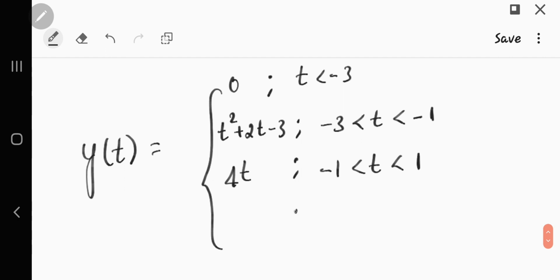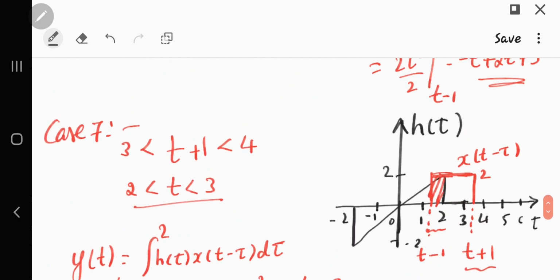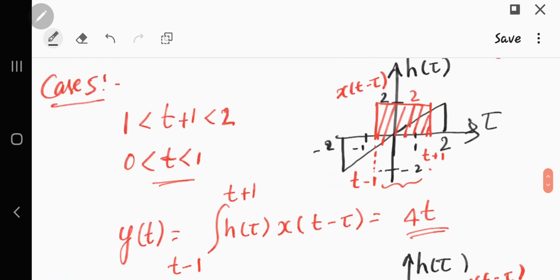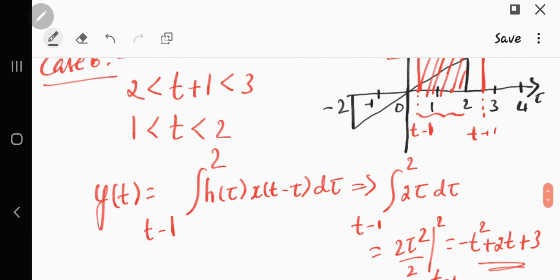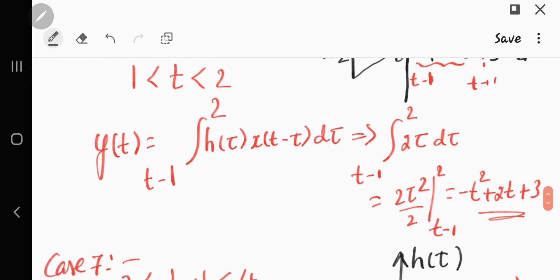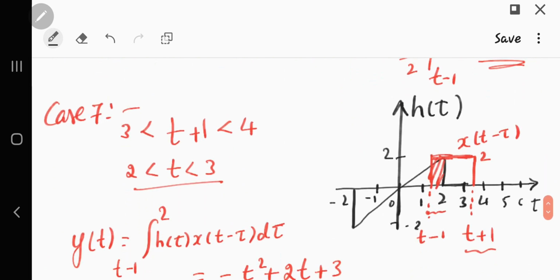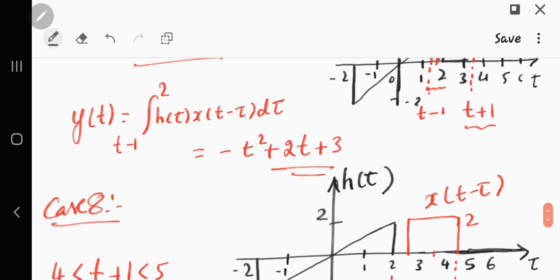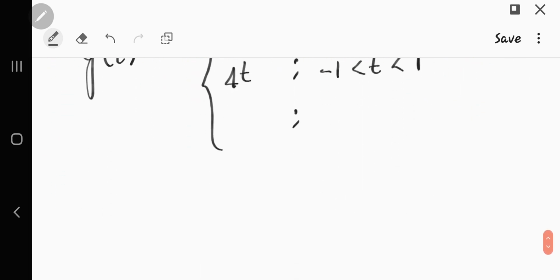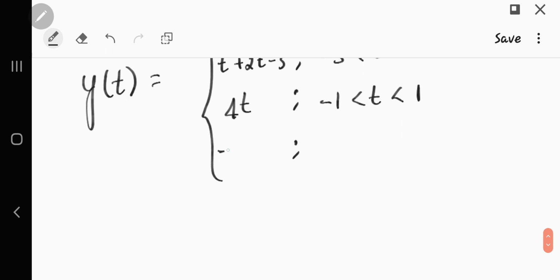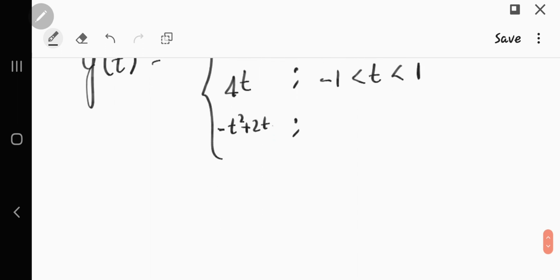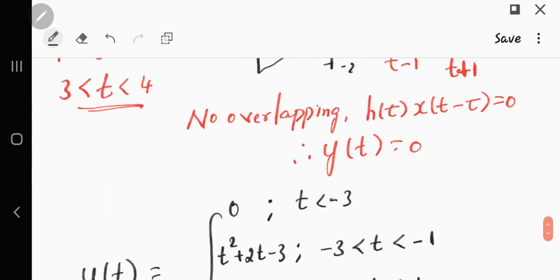Okay. Next, for these two cases, from plus 1 to plus 2, we got minus t square plus 2t plus 3, and plus 2 to plus 3, I got minus t square plus 2t plus 3. So combining these two, y of t is equal to minus t square plus 2t plus 3, varying from 1 to 3.